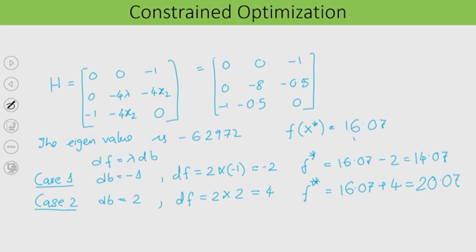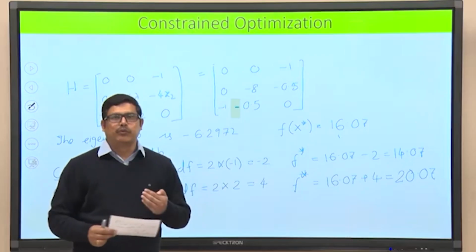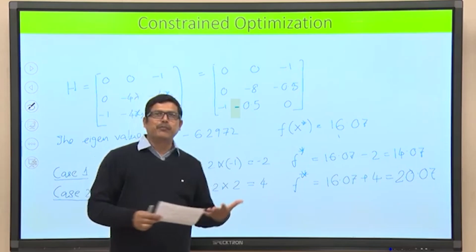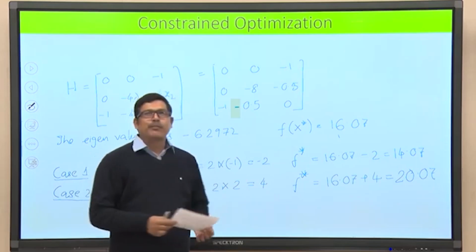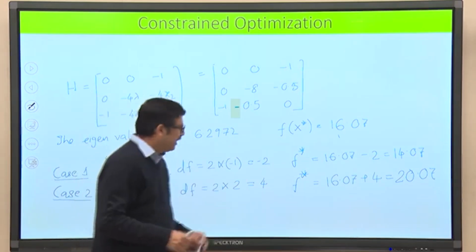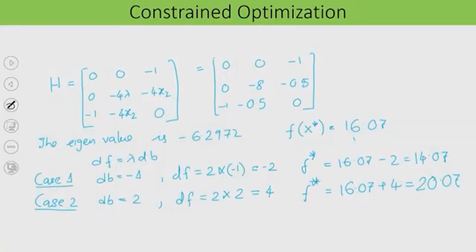In this case, as lambda is positive and if you relax the constraint, the objective function value will improve. So, if you relax it by 2 units, the corresponding improvement in the objective function value will be 4 units and you are getting 20.07, which is the new objective function value.